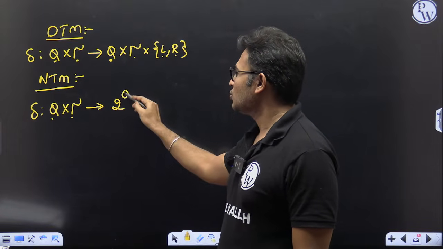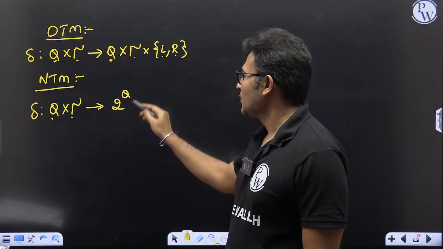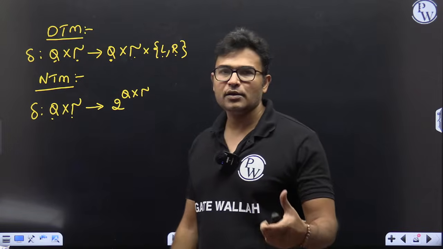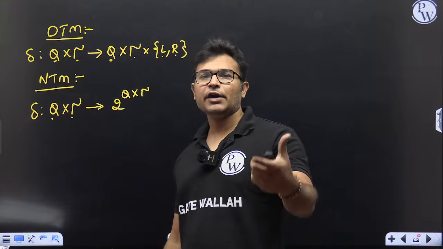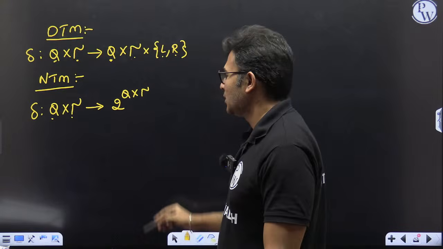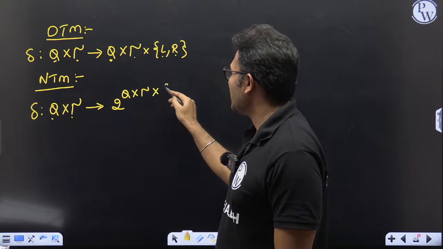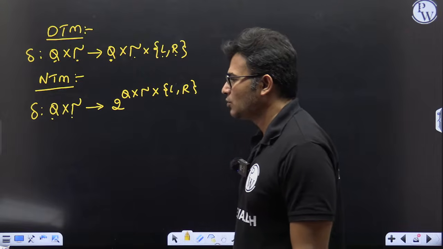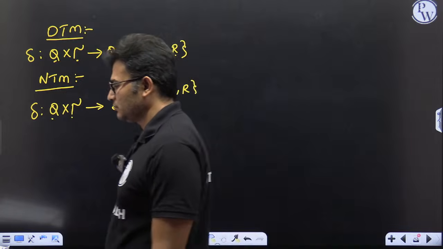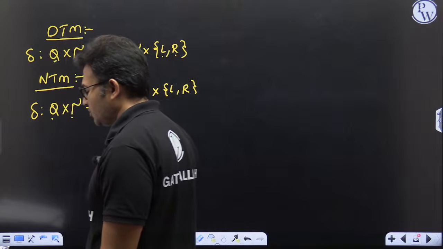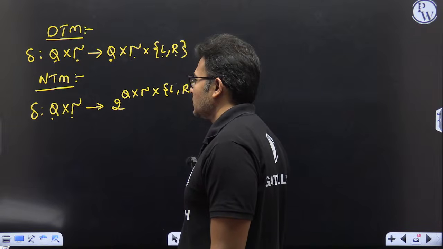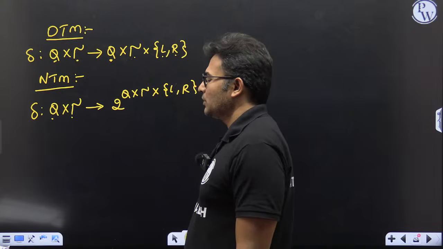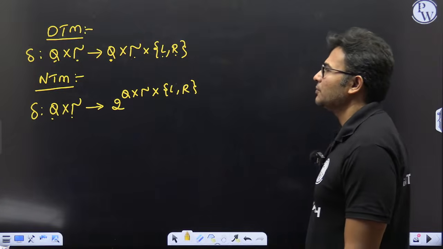It can go to any number of states, every state will get a different tape, it will write a different tape symbol, and then it can move left or right. Okay, so this is a non-deterministic Turing machine.